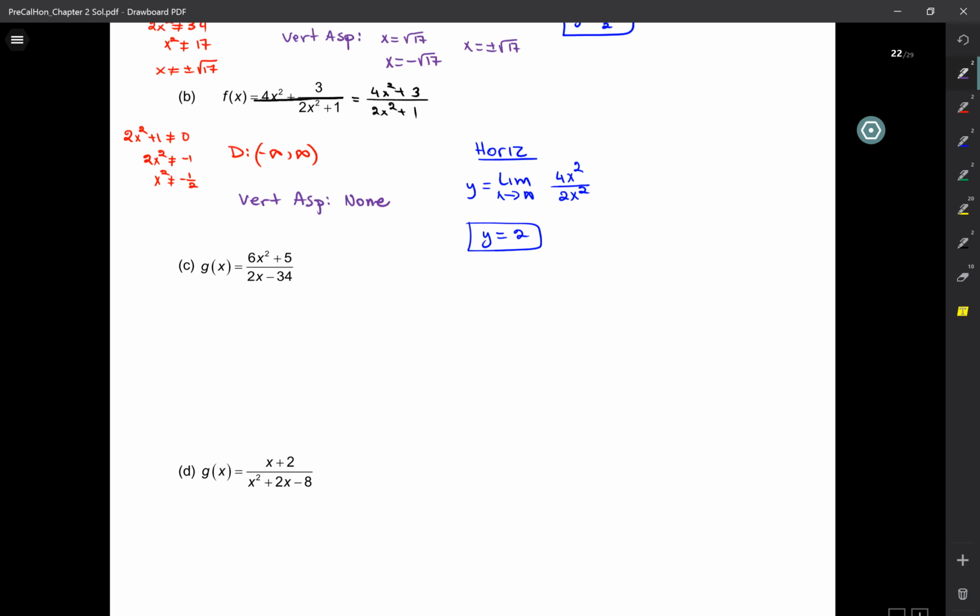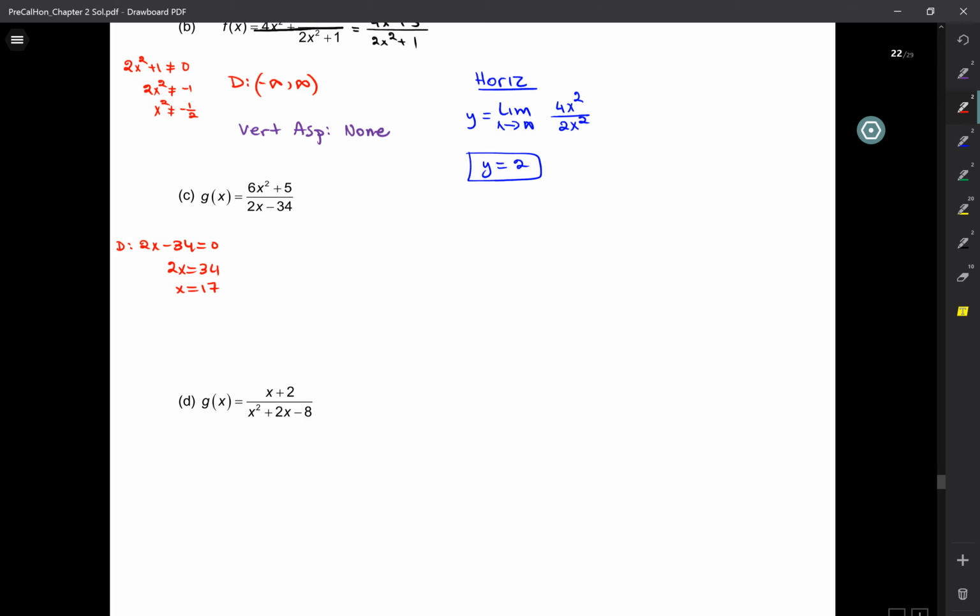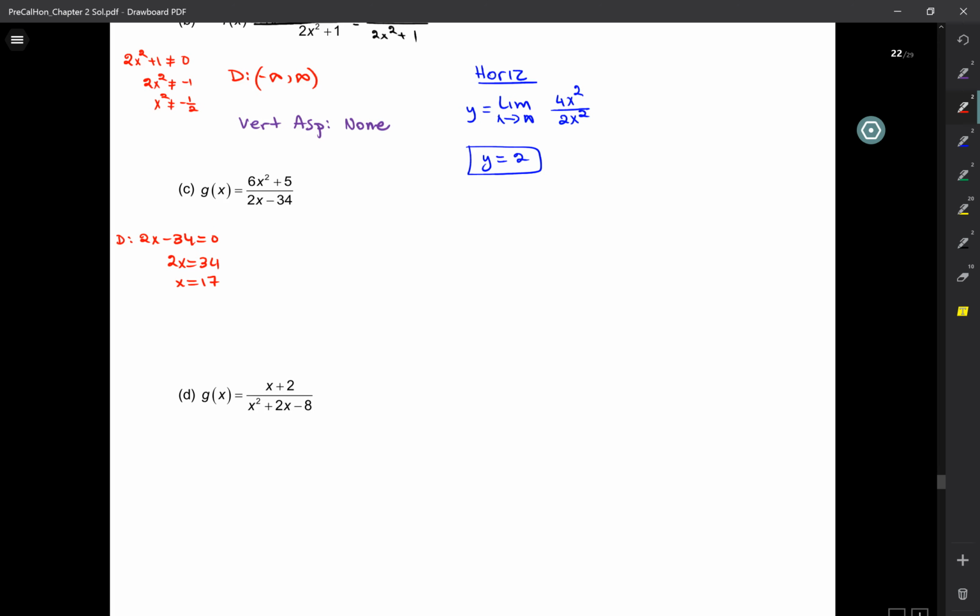This next one, let's see what the domain is. The denominator equals 0. 2x is 34, x is 17. So when x is 17, the denominator is 0, so it cannot be 17. So the domain is negative infinity to 17, 17 to infinity. Vertical asymptote, x equals 17.